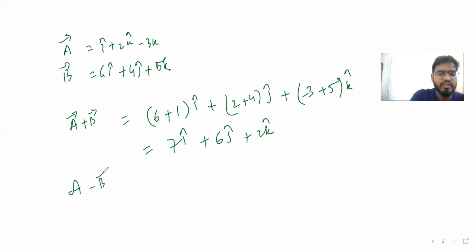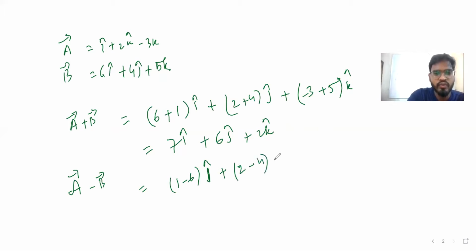Now somebody will say subtract a minus b. Then we can say what? A minus b if you will do, then we can say 1 minus 6 i cap, right? And then 2 minus 4 j cap plus minus 3 minus 5 k cap, minus and into minus, right? So it will become plus only.